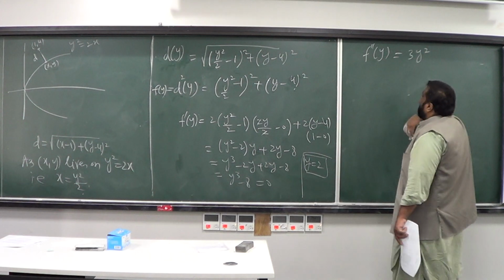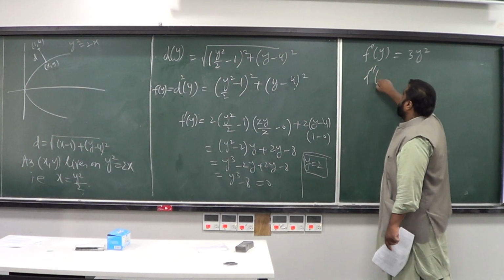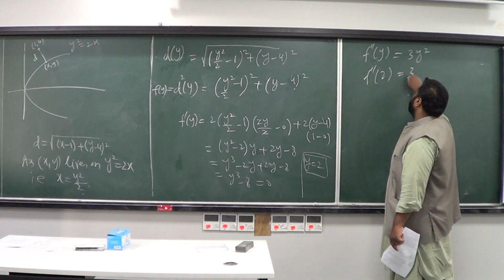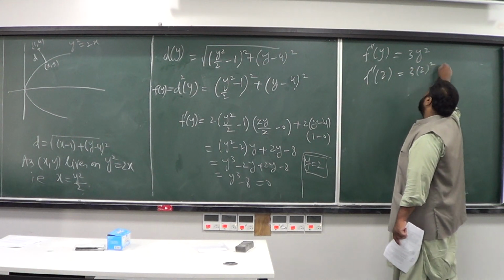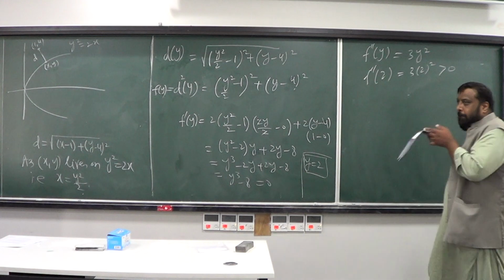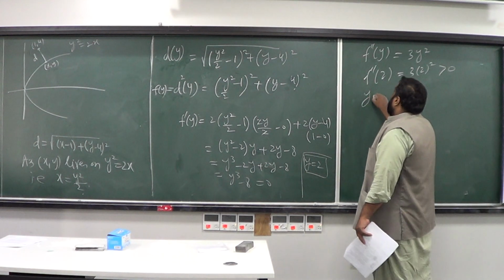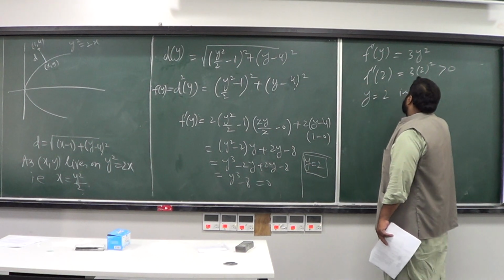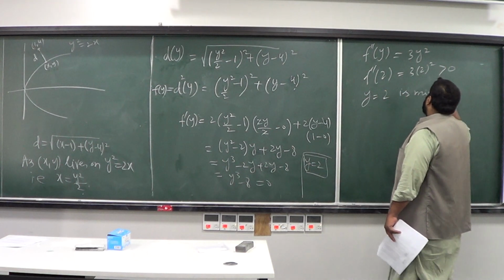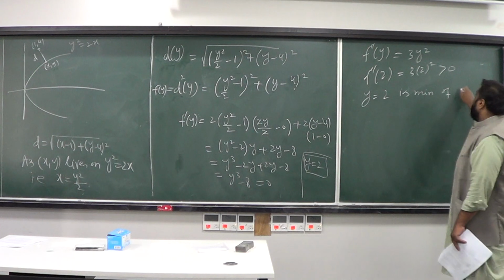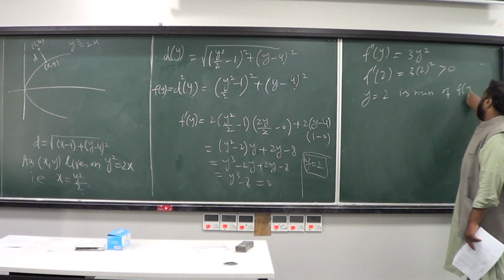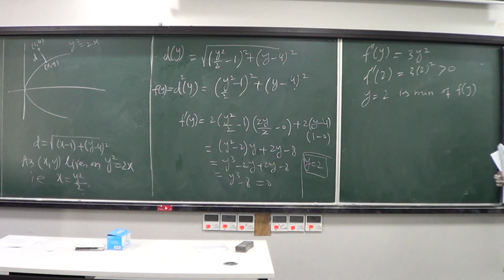If I substitute 2, you're going to get 3 times 2 square, so it's a positive number. If it is a positive number, y equal to 2 is the minimum of this f of y, which is d square of y. So d of y has a minimum value at this number.